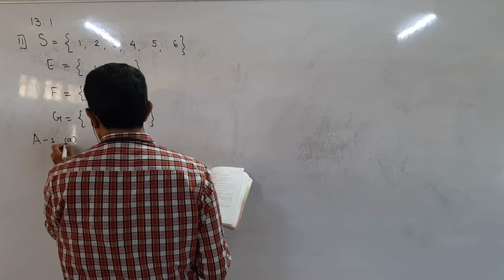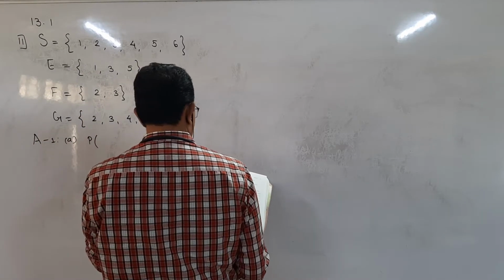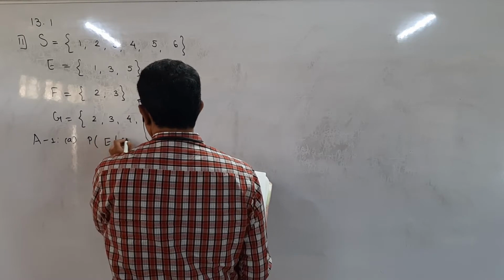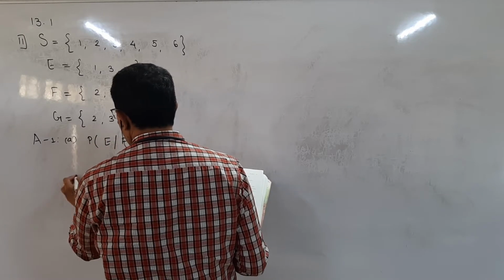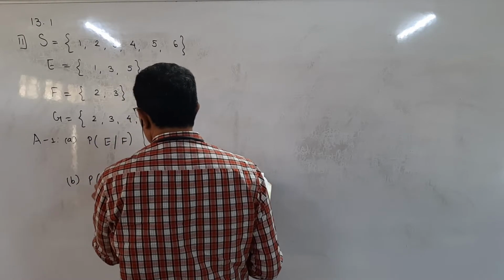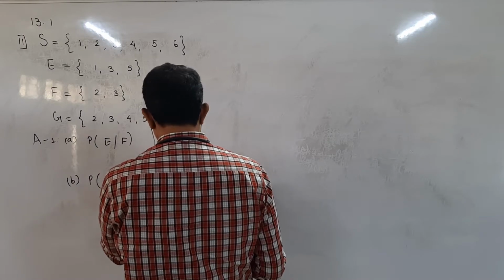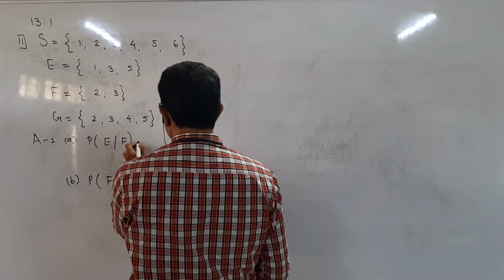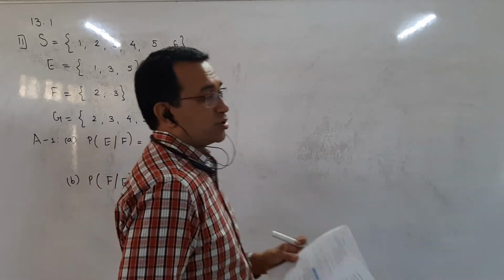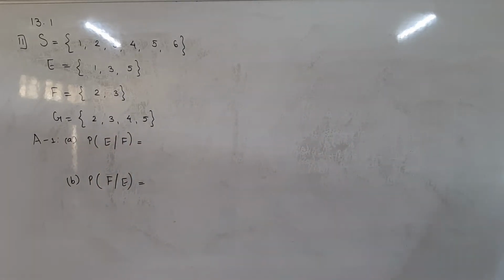Answer 1, part A: conditional probability of E given F, and part B: conditional probability of F given E. Okay, students, this is what we have to do and understand.